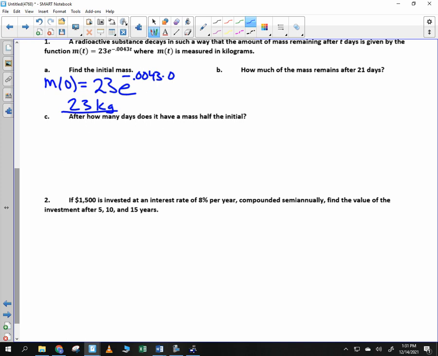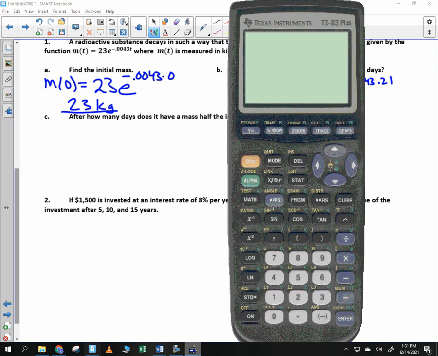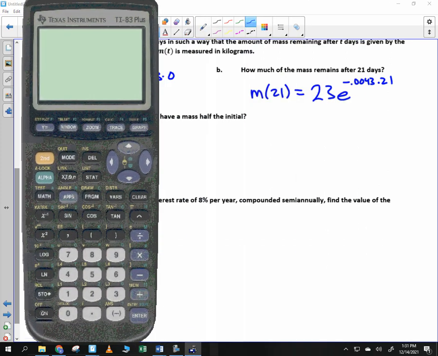How much mass remains after 21 days? What do you think we do there? Plug in 21. So m of 21 is equal to 23e to the negative 0.0043 times 21. Now, some of you might be able to compute that in your head. I can't. I'm not quite that gifted. So I'm going to use my handy-dandy calculator. As I take e to a power, I go second, natural log.